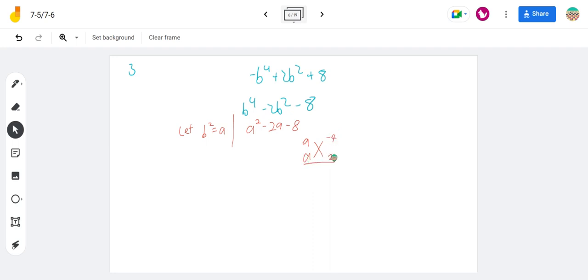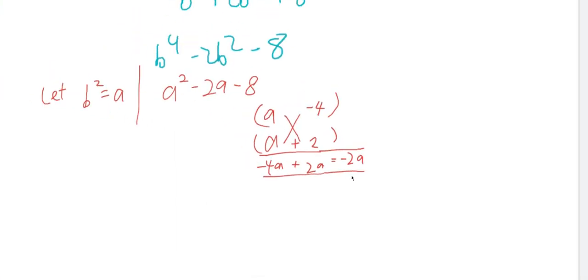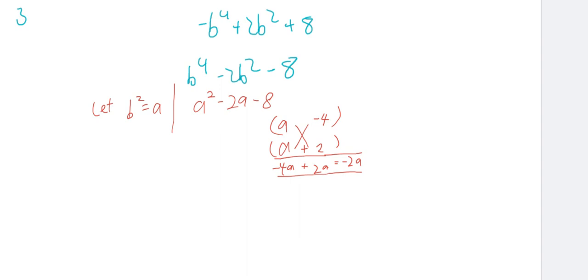So the difference is negative 2, right? So this one and this one are the factors. Yeah, so the factors are a minus 4 and a plus 2.